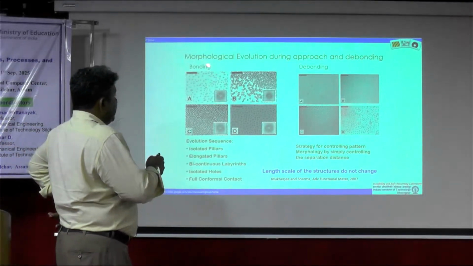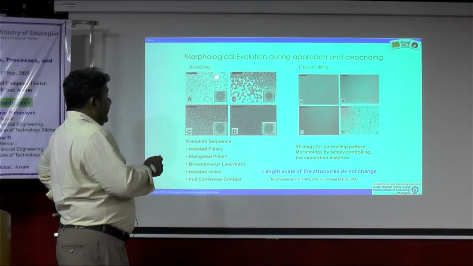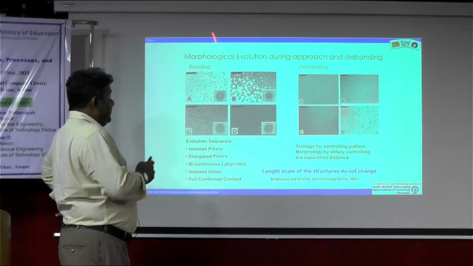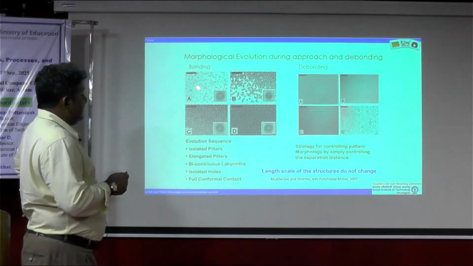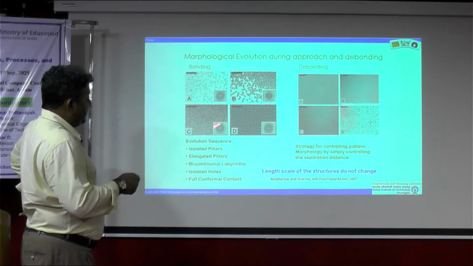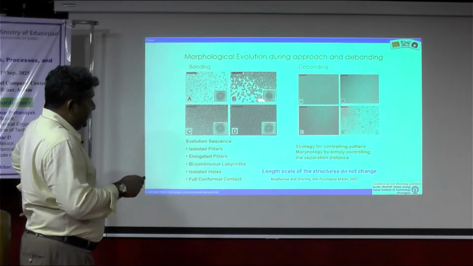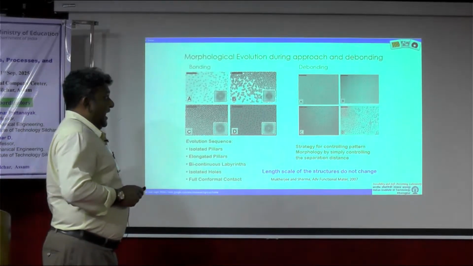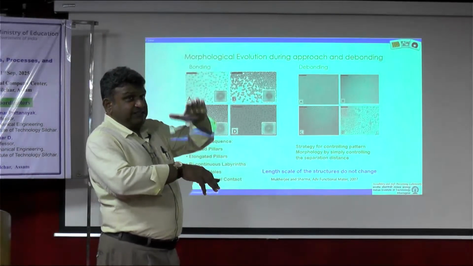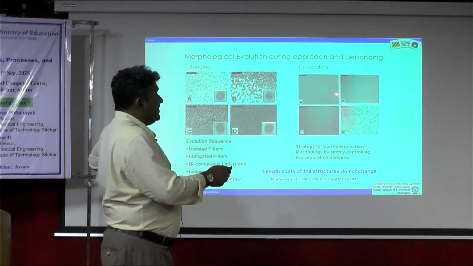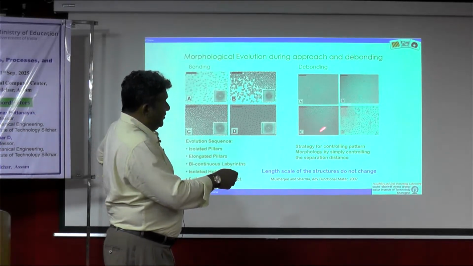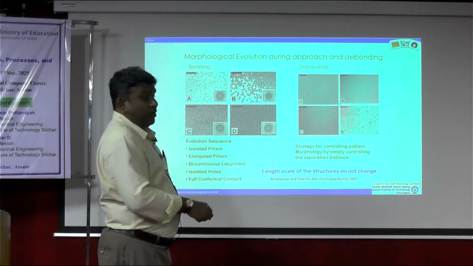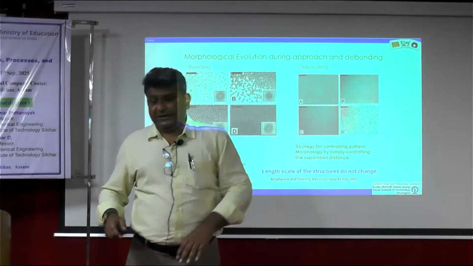So this is during the bonding stage, where initiation of the instability is through some formation of pillars, then it transforms into these labyrinths, and then eventually these holes. And during the debonding phase, that is the detachment phase, you again see that you get these bicontinuous structures somewhere, then some columns, and then the two detach completely.